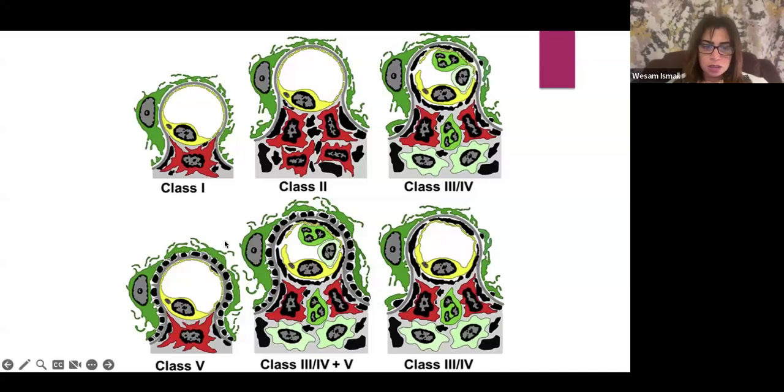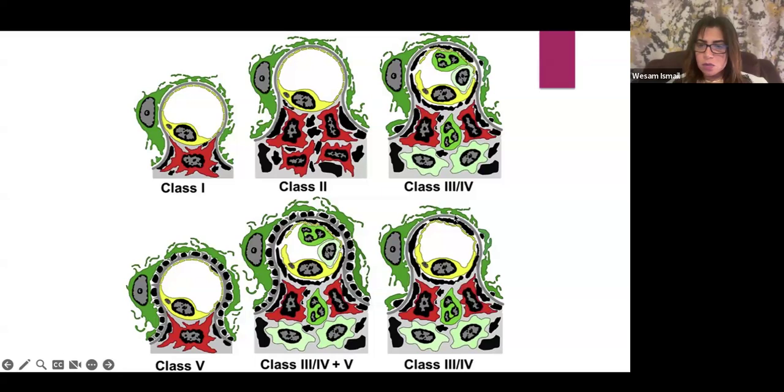If the deposits are dominantly subepithelial, then this is class 5 lupus. And if we have codominance, so I have subendothelial deposits and subepithelial deposits, then this is a combined class, whether 3 or 4 plus 5.